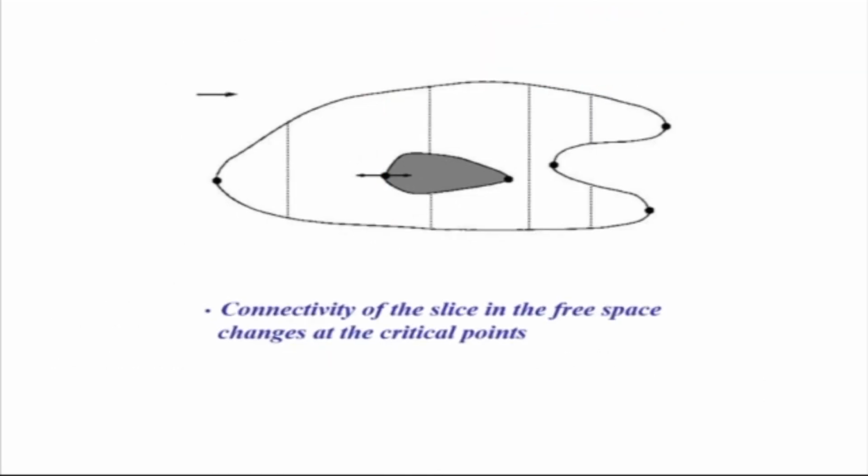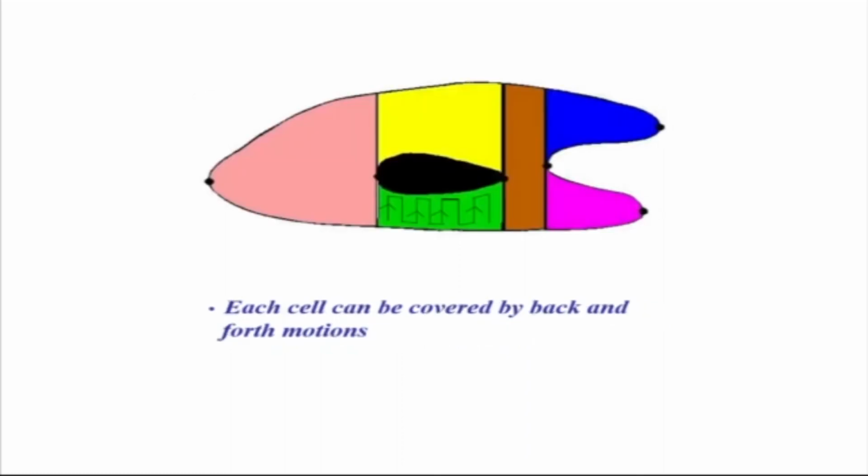The connectivity of the slice in the free space changes at the critical point, that we know. These are my cells. Now each cell can be covered by back and forth motions, so it simply does this and covers it out.